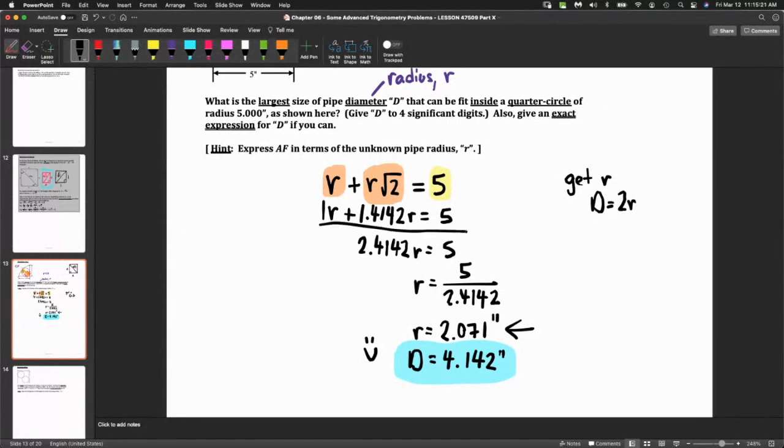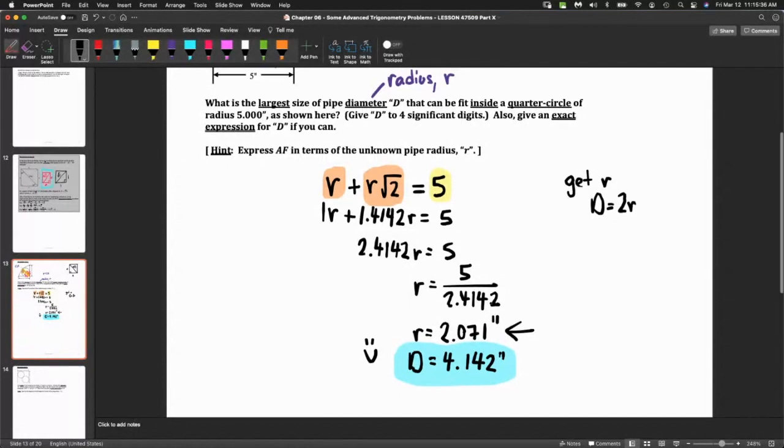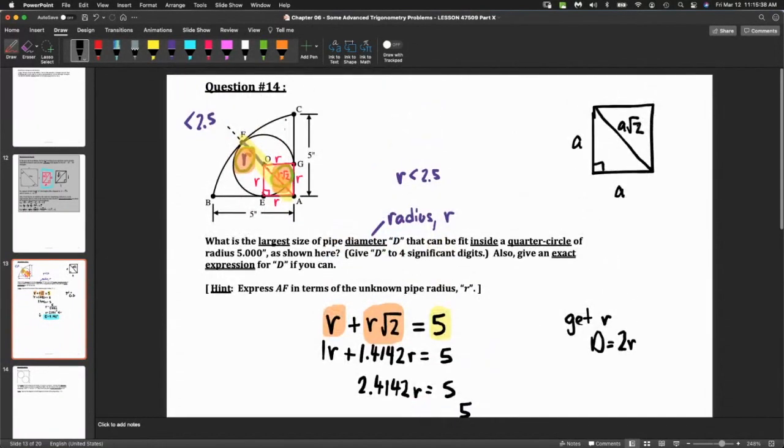This right here, I just made root 2 a decimal. I typed that on my calculator. In fact, this pattern here, where it says a root 2, you could just say 1.4142a.